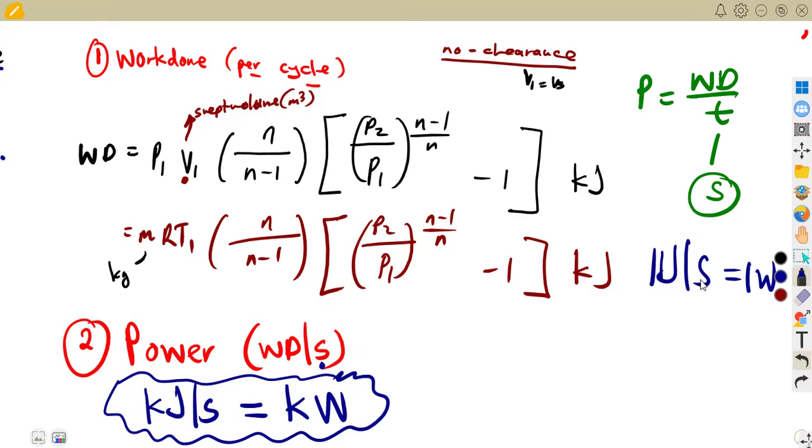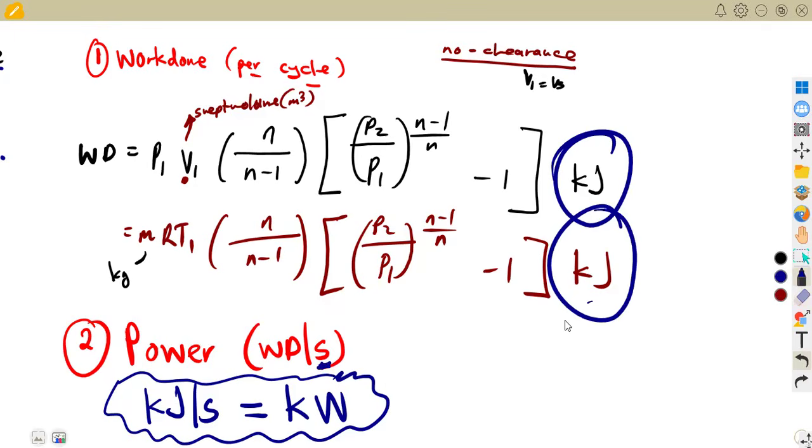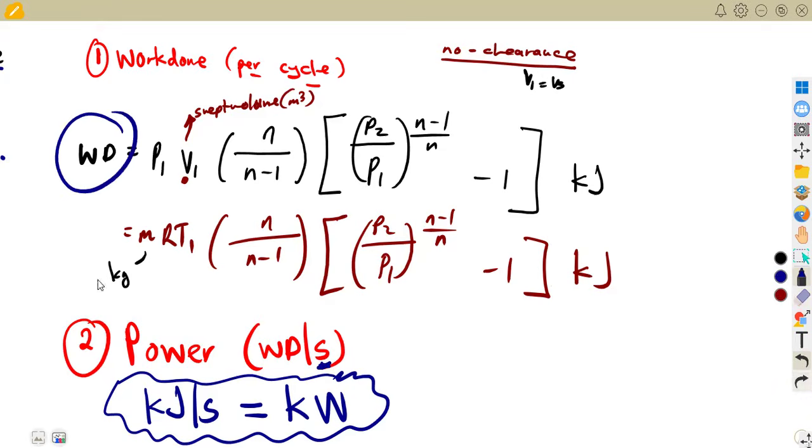Work over time, time in seconds. Now let's conclude. What is it that carries per second? Because this was kilojoules here. You calculate the work done first, then convert it to power.